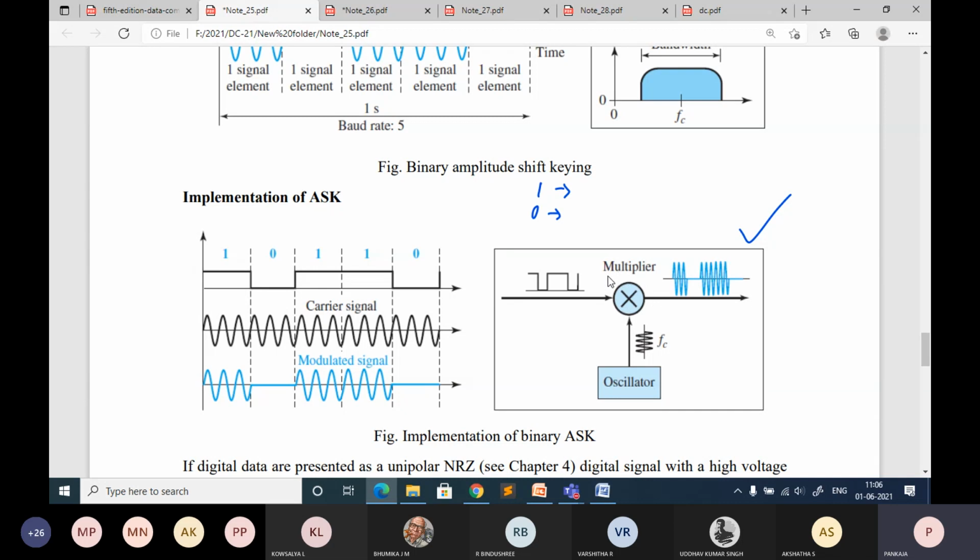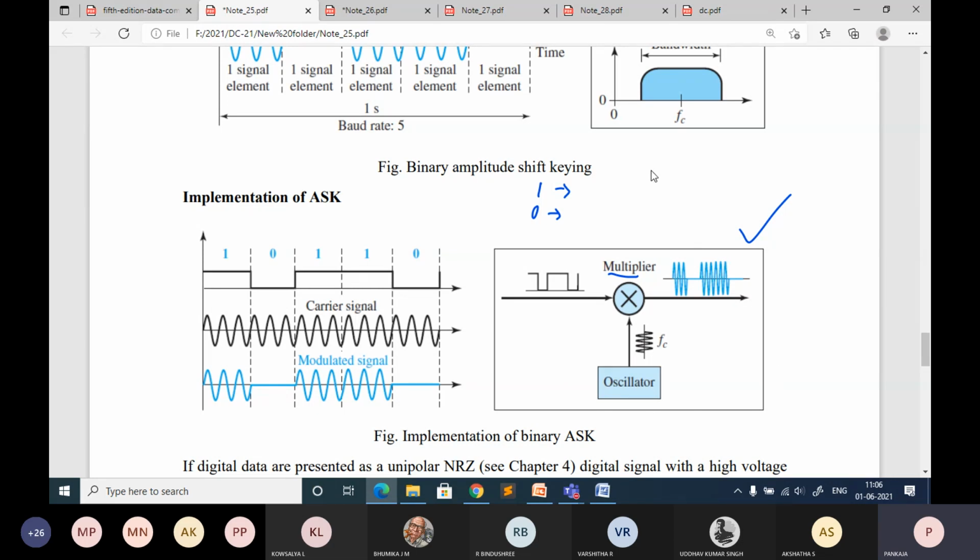This is a multiplier: if 0 voltage is coming, whatever the high frequency may be, the output is 0 only. If it is 1, it is multiplied with the high frequency carrier signal, so definitely we'll get a high amplitude signal. This is how the binary ASK works.